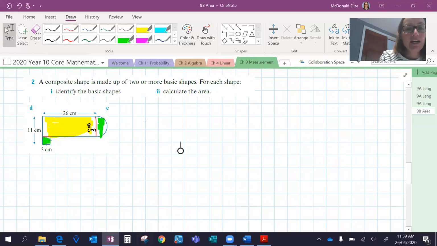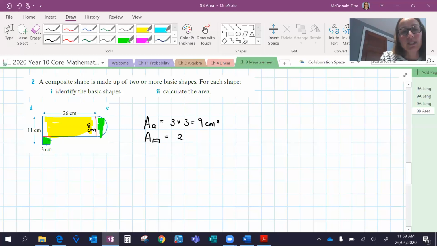So if we start with the area of the little square there, it's equal to 3 multiplied by 3, which is 9 centimetres squared. Next would be the area of the rectangle, which is going to be 26 multiplied by 8. And if you pop that into your calculator, 26 multiplied by 8 is equal to 208 centimetres squared.